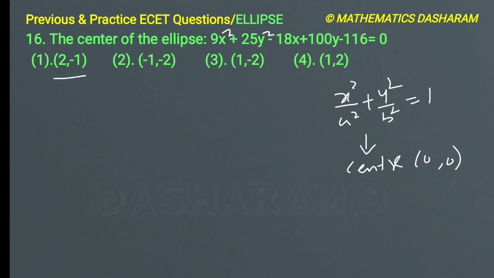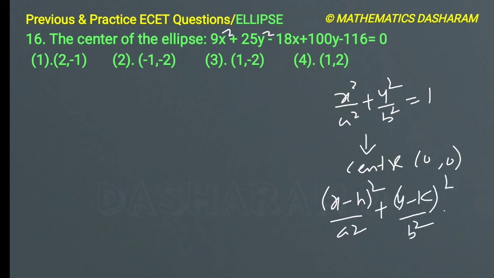But observe the options, there is no 0, 0. That means we need to convert the given equation into another standard form of ellipse, that is x minus h whole square divided by a square plus y minus k whole square divided by b square equals 1. In this case, the center is h comma k.